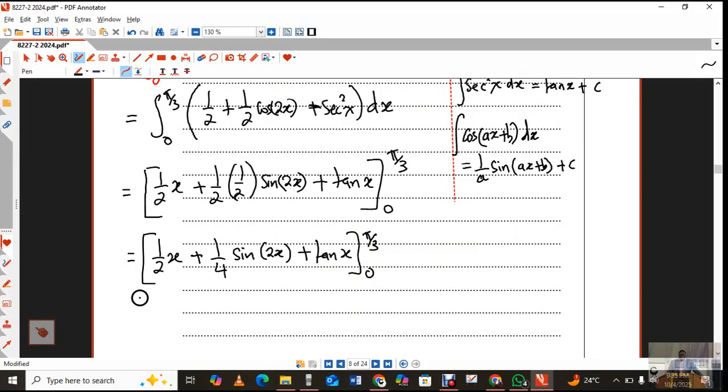Now let's substitute the limits in. So I have 1 over 2 of, the upper limit is pi over 3, plus 1 over 4. Now, let's see if I have space to work with.